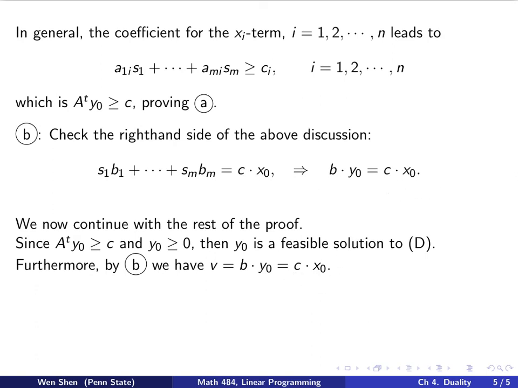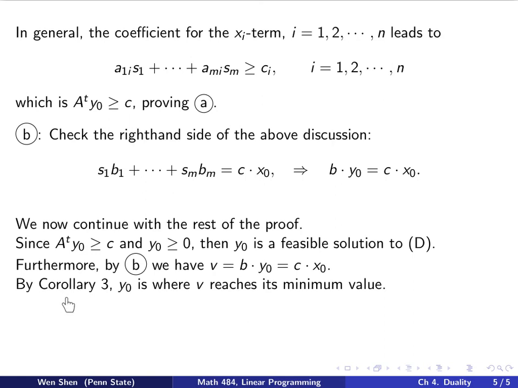That's what we proved. And now we apply corollary 3, which we proved in the previous video. There it says, if this holds, then y0 is where v reaches the minimum value. So this completes the proof for one way.